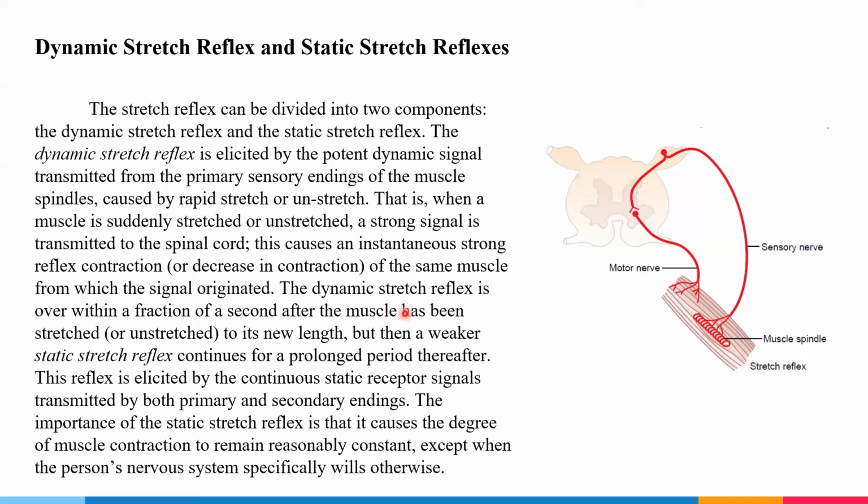The dynamic stretch reflex is over within a fraction of a second after the muscle has been stretched or unstretched to its new length. But then a weaker static stretch reflex continues for a prolonged period thereafter.